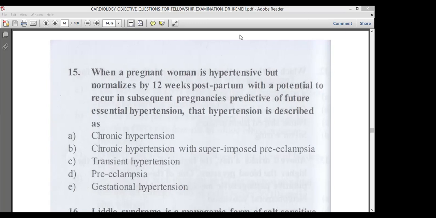It's by JNC 7. Okay, thank you very much. Yeah. So it's just that in that other classification by the Society of Obstetricians and Gynecologists, they put gestational hypertension and transient hypertension of pregnancy as terms used interchangeably for the same entity.